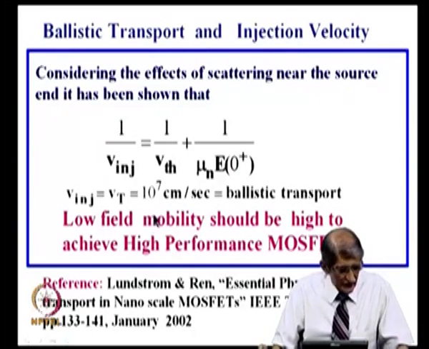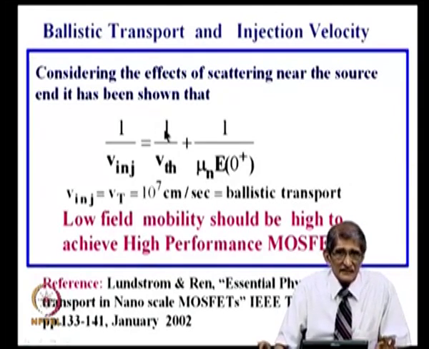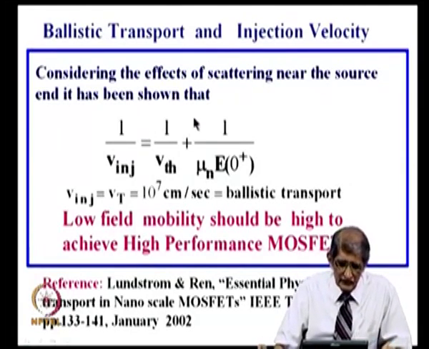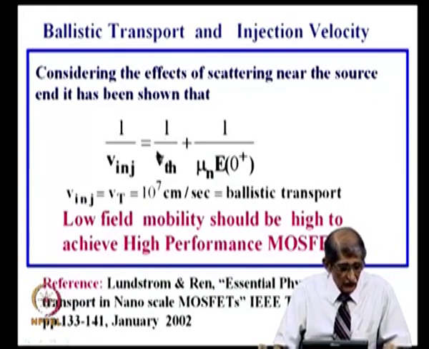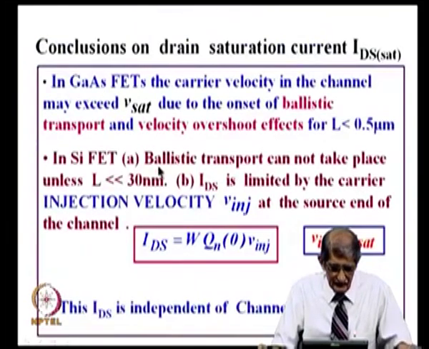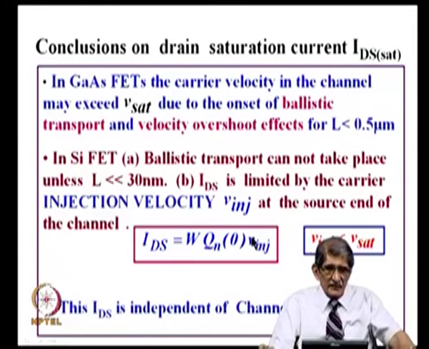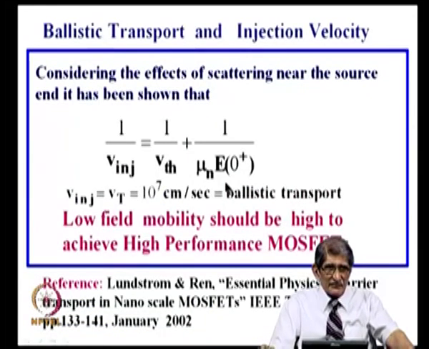So, this is the conclusion, though our discussion is not ending here. Considering both these effects together, you can still write the drain current is equal to W q into injection velocity. Injection velocity is the combined effect of these two terms. If I have high mobility in the channel, you may get injection velocity very close to saturation velocity, but it will always be less than that.